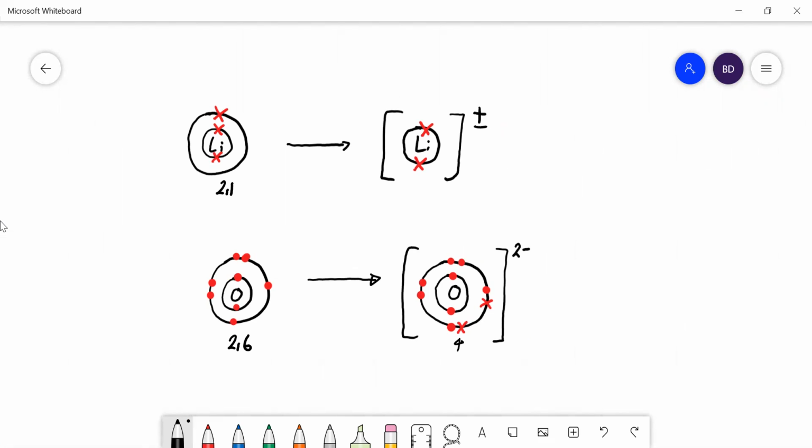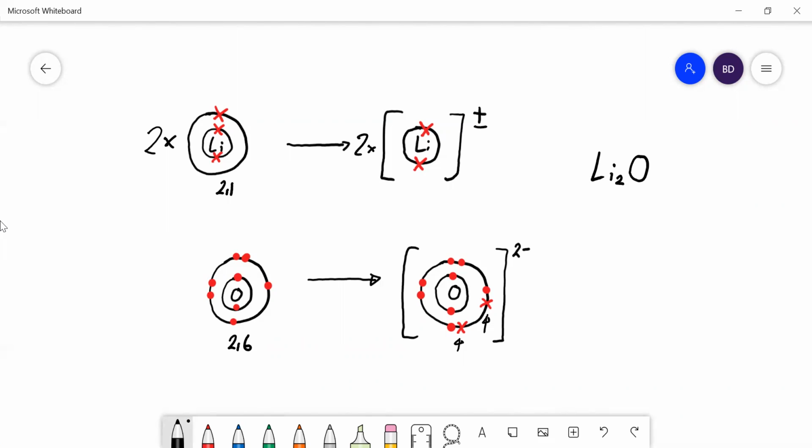So the problem there is that lithium is only giving away 1, so you need 2 lots of lithium for every 1 lot of oxygen. So the formula of lithium oxide is Li2O, which shows there are 2 lithiums and an oxygen. So you can predict the formula using that.